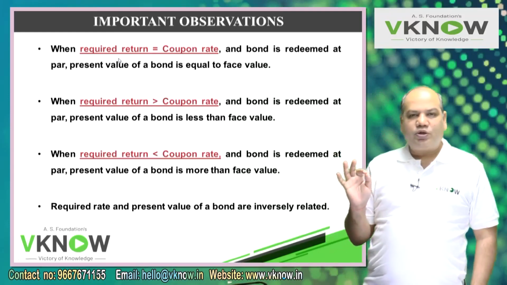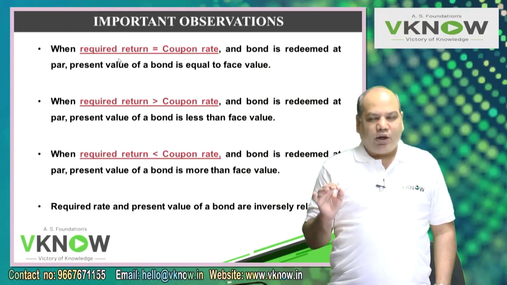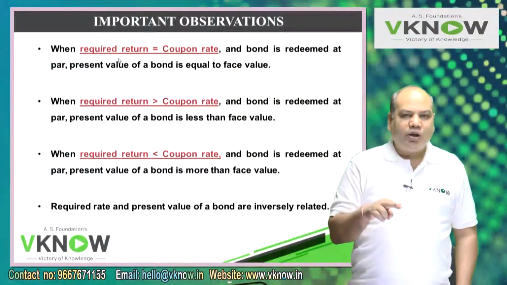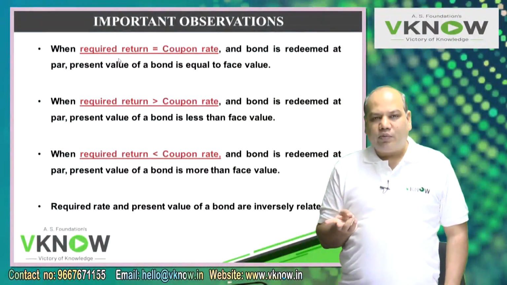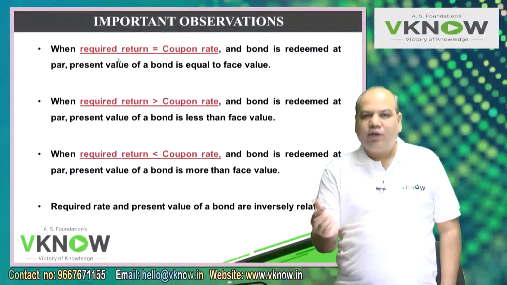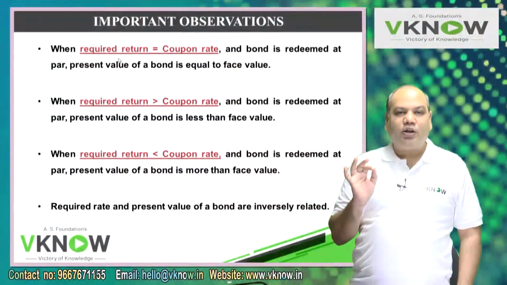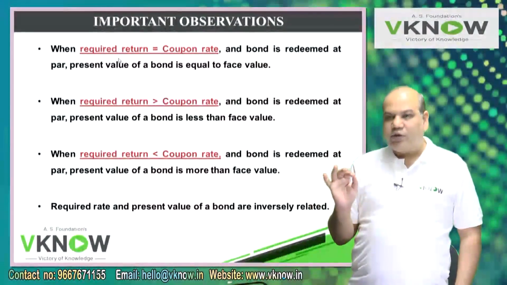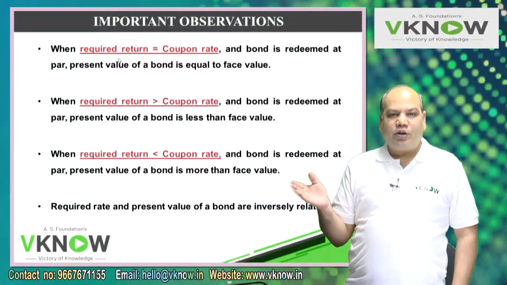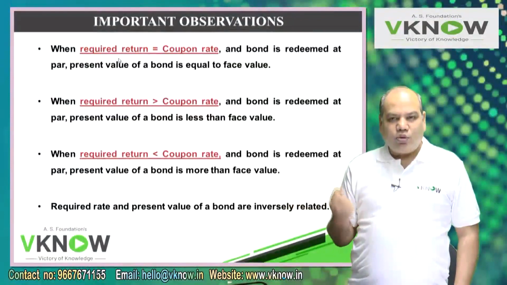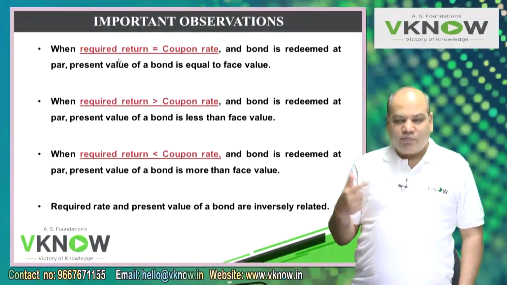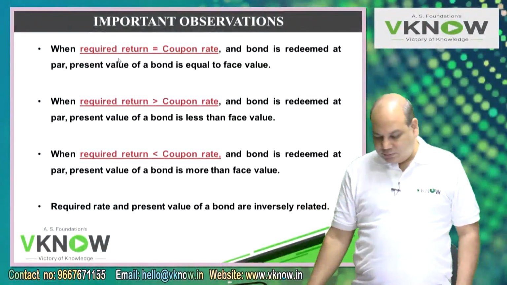So for bonds trading at par, if they give you either the coupon rate or the required return, it means the other figure is also given to you. So that is a hint in the problem. A bond is trading at par whose required rate of return is 10%. Calculate whatever they want, which means the coupon rate is 10%.